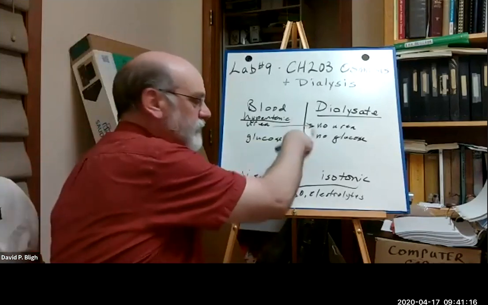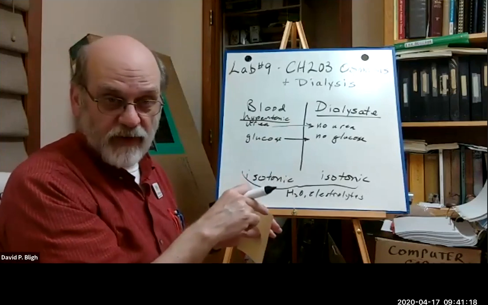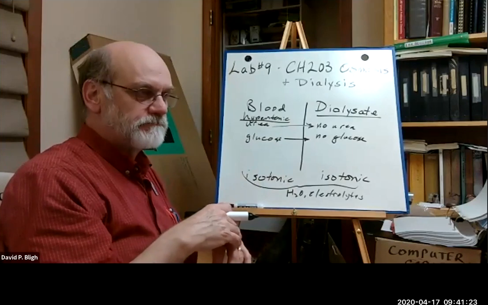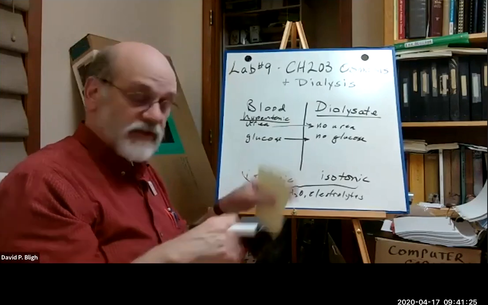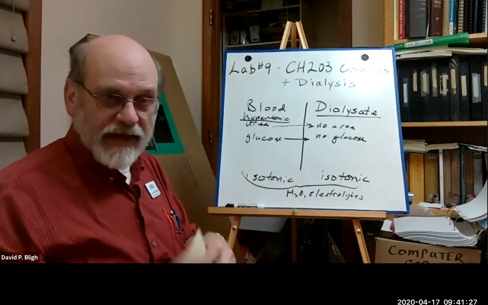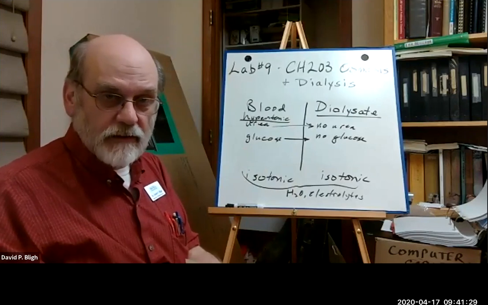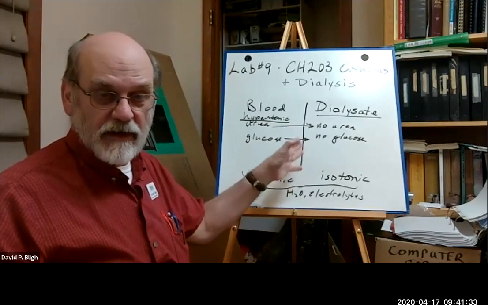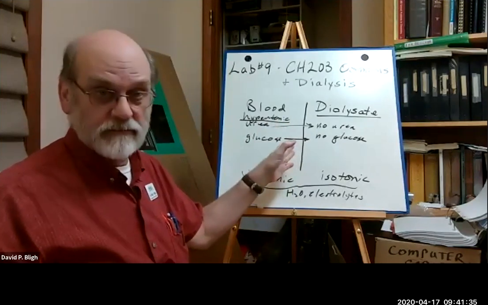Now this membrane is our differentially permeable membrane, and in our experiment we're going to actually use the same type of tubing as is used in the dialysis labs. Right?